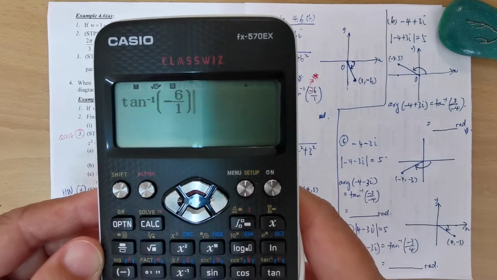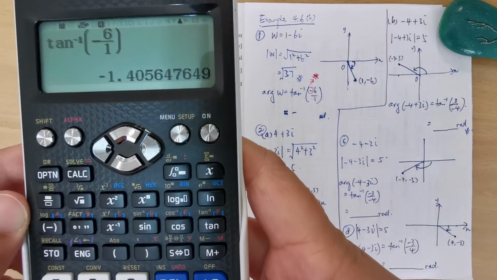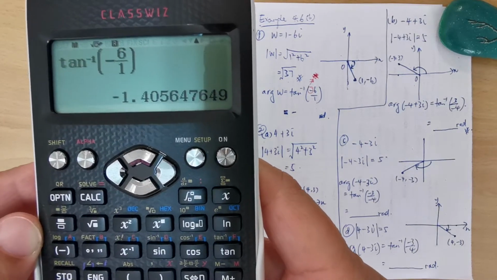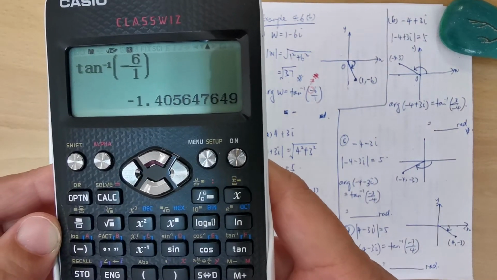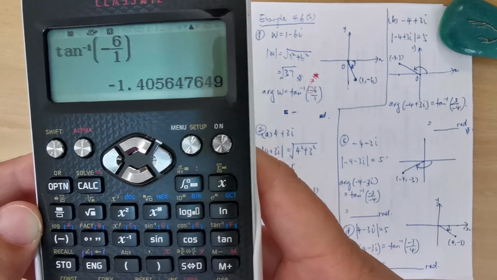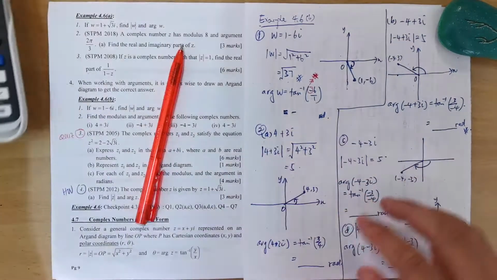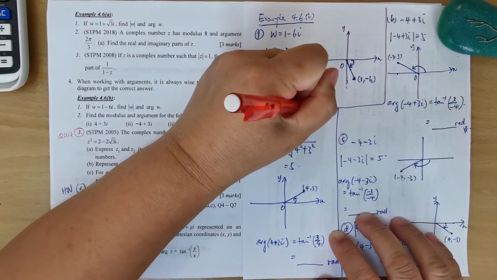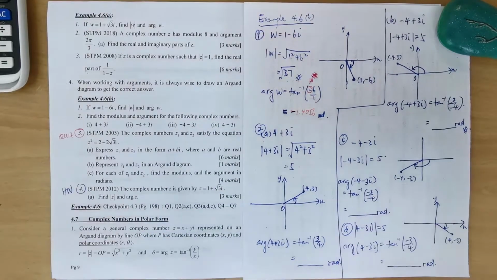I press equal. What is this? The answer is in radians. So it's negative 1.4056.